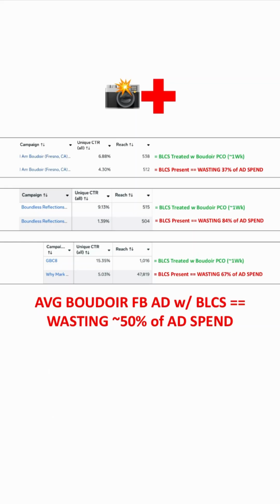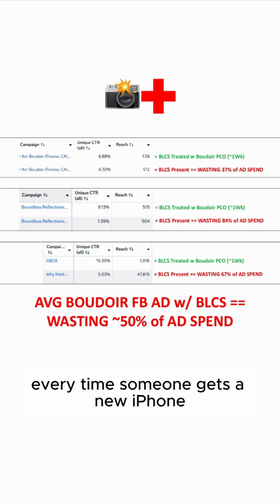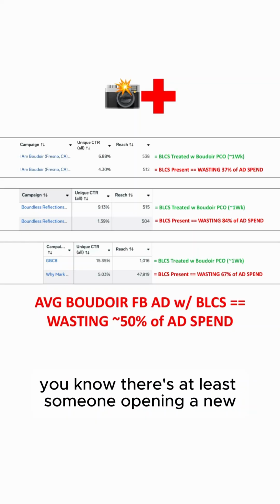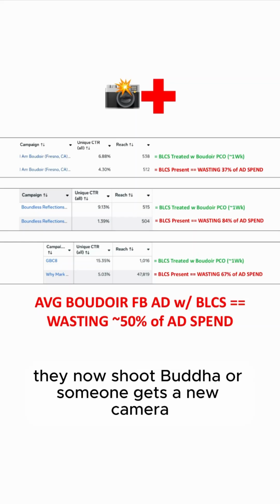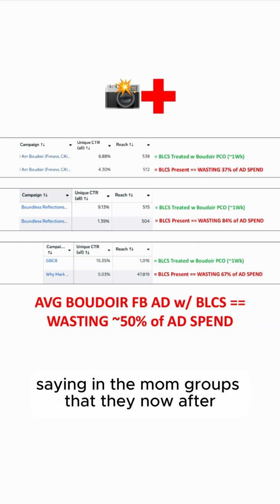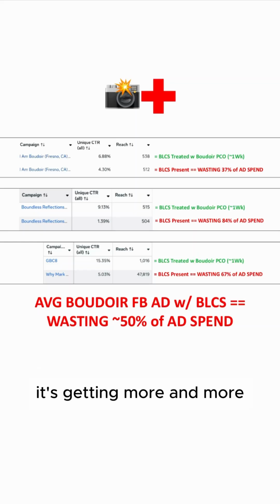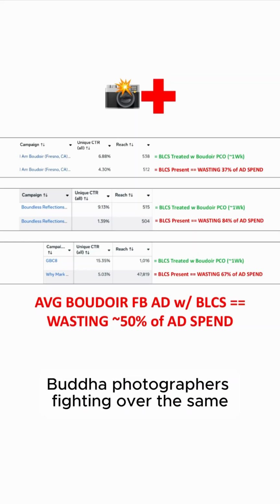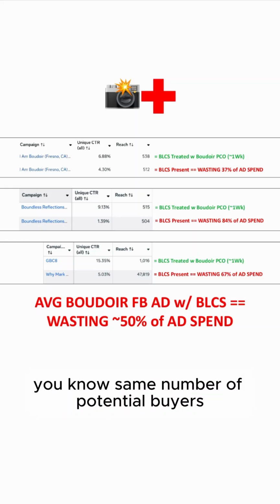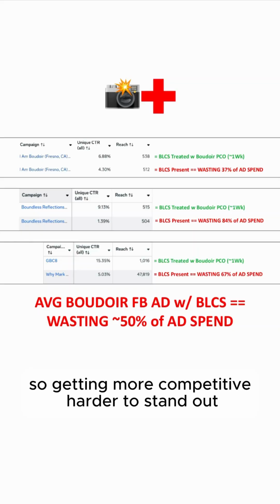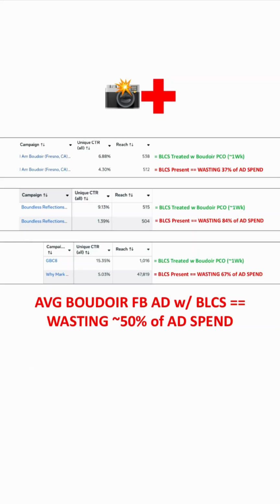Every time someone gets a new iPhone, there's someone opening a new Google Maps profile saying they now shoot boudoir, or someone gets a new camera and is saying in the mom groups that they offer boudoir shoots. So you see more and more boudoir photographers fighting over the same number of potential buyers, getting more competitive, harder to stand out. And you also see inflation, cost of living going up, just kind of everywhere.